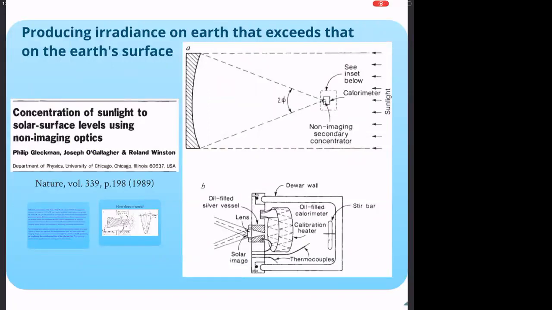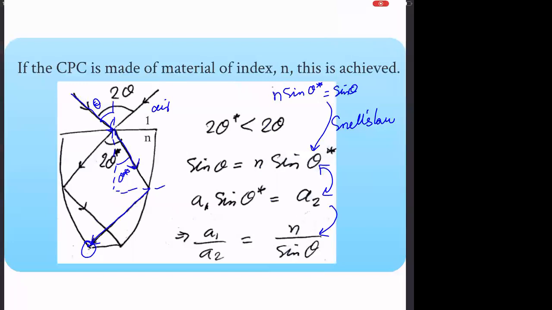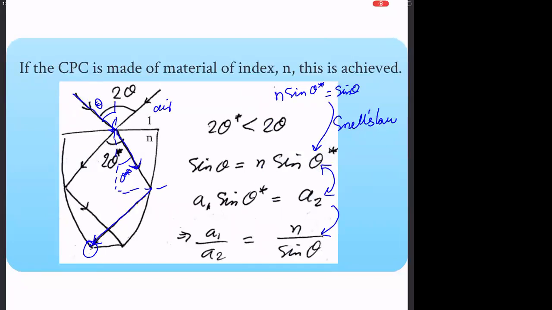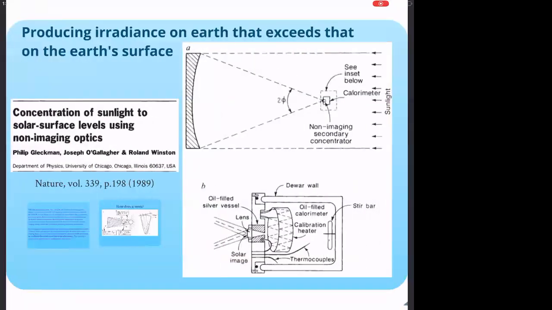The last thing I want to talk about is an example of a paper. I think I'm pretty much done with the basics. So these are the basic concepts of non-imaging optics, and you basically have all the tools. But I want to show one example of a paper that came out in Nature a couple of decades ago, again written by this professor called Roland Winston, who's considered the father of the field.